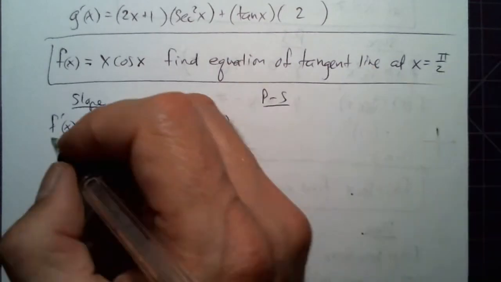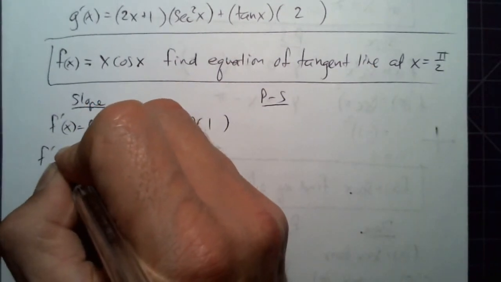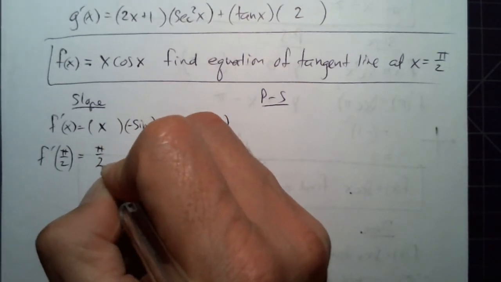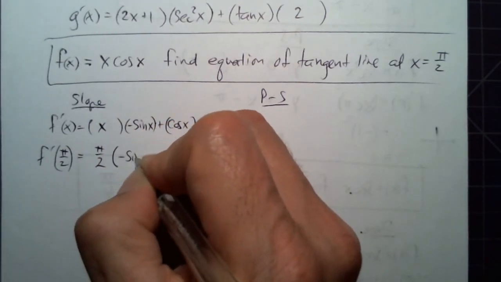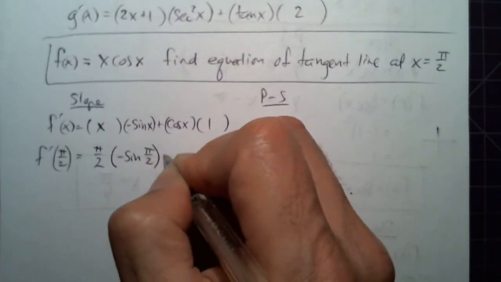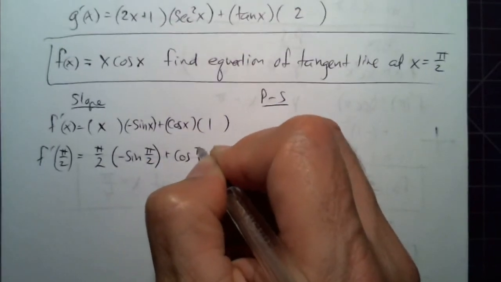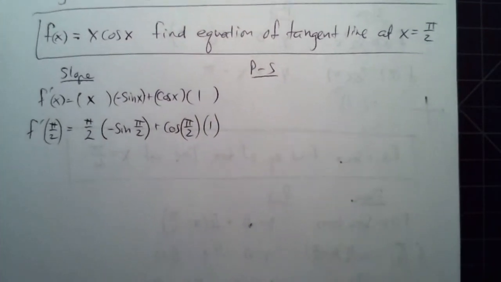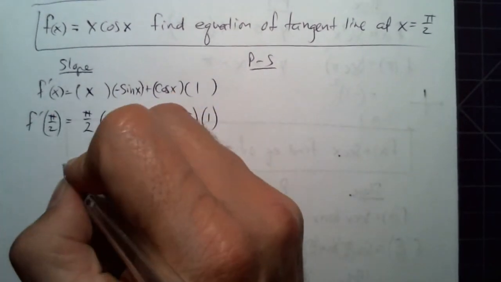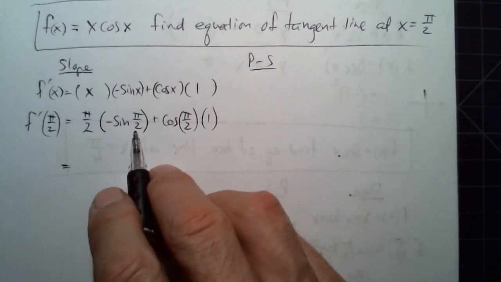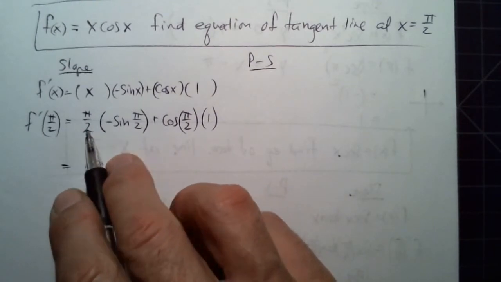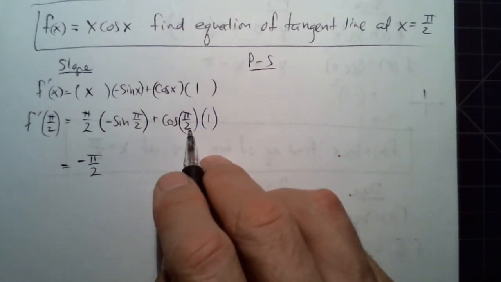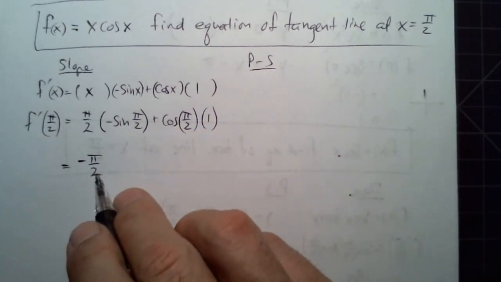Evaluated at pi over 2, f prime of pi over 2, and sine of pi over 2 is 1, so that'll be a negative 1, negative pi over 2. Cosine of pi over 2 is 0, so we have the slope.